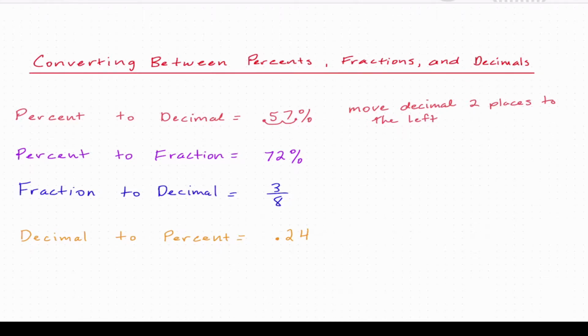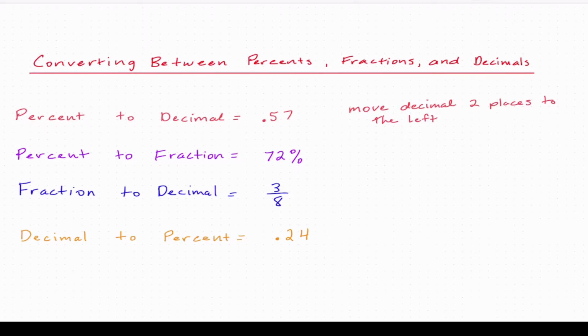You would just get rid of that percent sign, and that's what you would be left with: 0.57. So 57% as a decimal, you just move it two places to the left, and that's all you have to do.